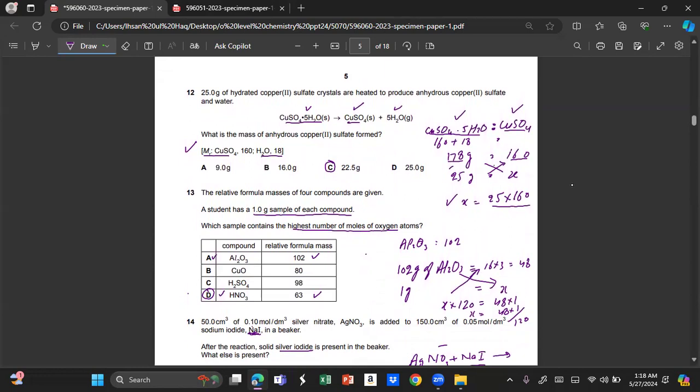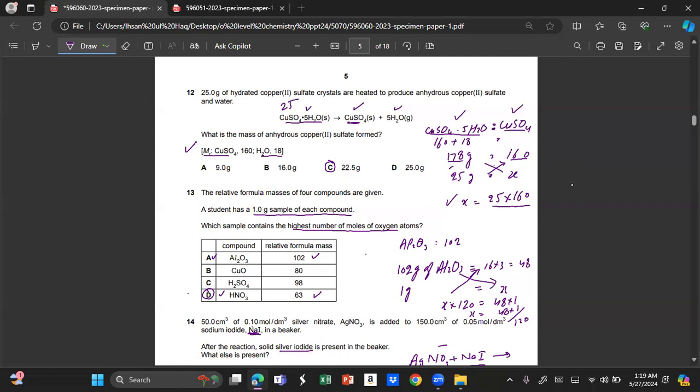25 gram of hydrated copper 2 sulfate crystals are heated to produce anhydrous copper 2 sulfate. CuSO4.5H2O gives us CuSO4, which is anhydrous copper 2 sulfate, plus 5 water molecules, meaning steam molecules. What is the mass of anhydrous copper 2 sulfate? We are given the mass of hydrated copper 2 sulfate, which is 25.